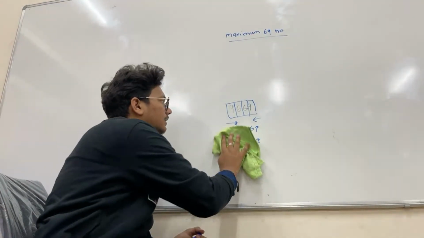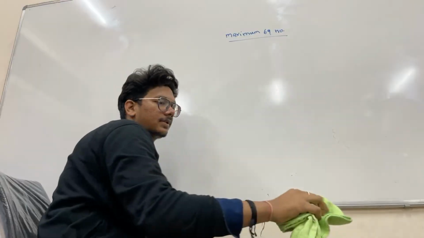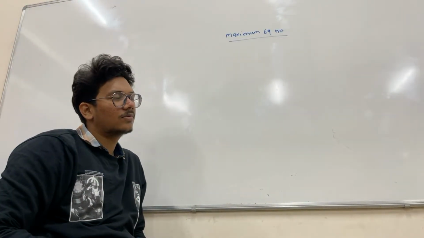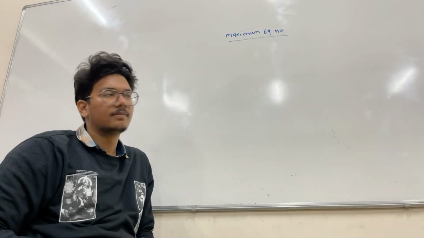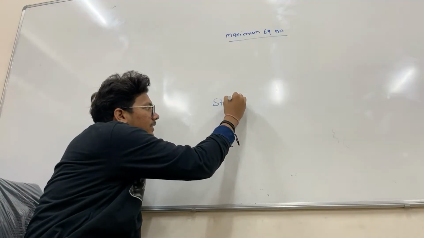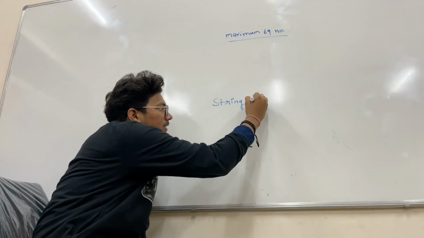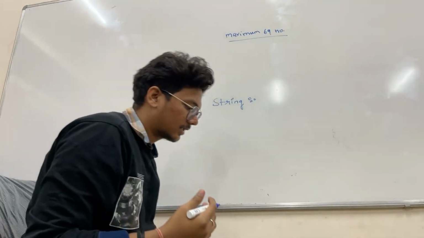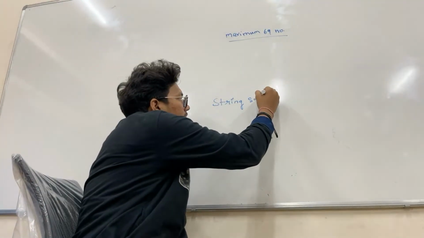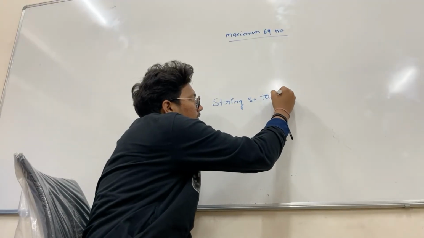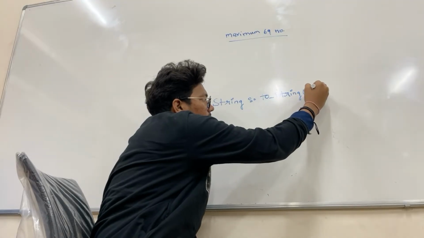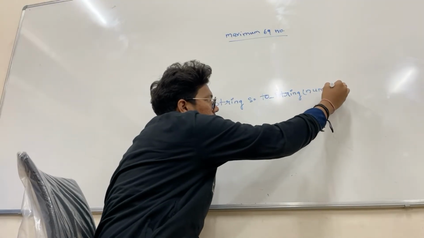So let's write what we are thinking. First of all, we convert the number into a string. String s is equal to to_string of nums.